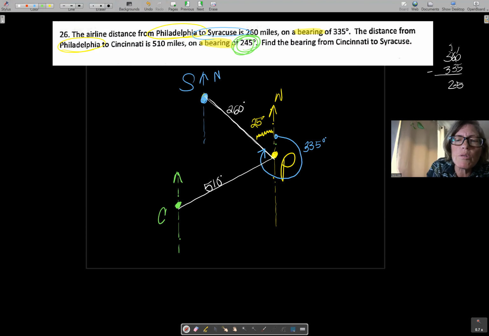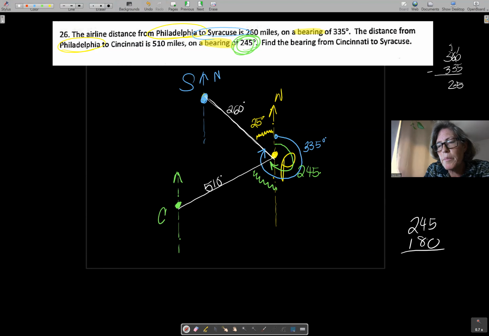So when you go like this, 245, you can see it just gets past 180. What I want to find is this angle here, so I'm going to do 245 minus 180. Make it 65. So that's just all set up.